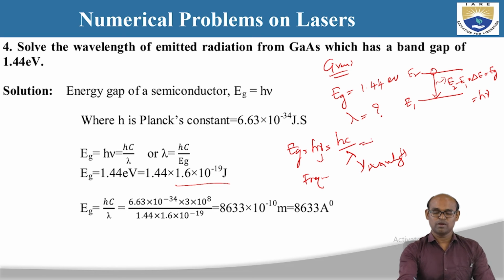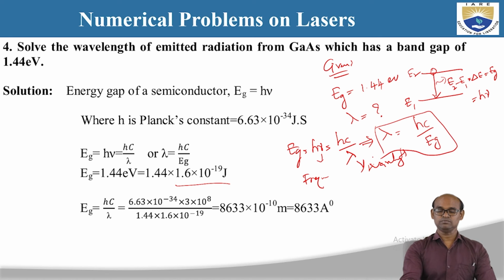Using this formula, we want to calculate lambda. So lambda is equal to hc by Eg, where Eg is the energy gap. Substitute h, Planck's constant, 6.626 into 10 power minus 34, and the velocity of light, 3 into 10 power 8.